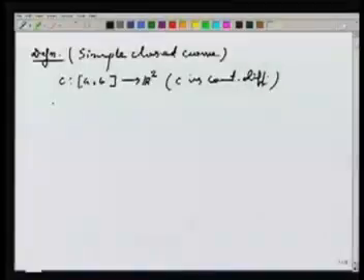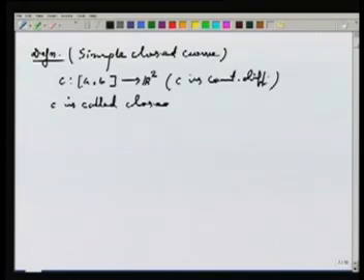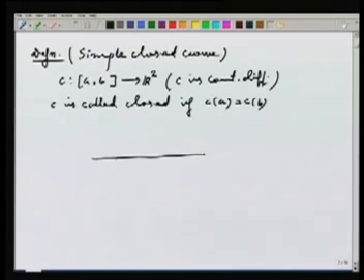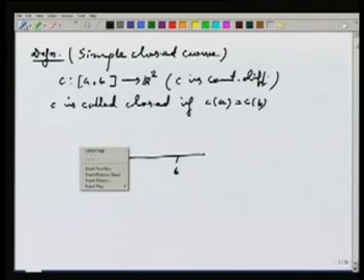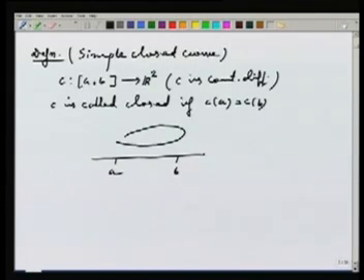Then C is called a closed curve if C(a) equals C(b). That is, if this is A and this is B, suppose C starts from here, this is C(a), then C(a) is the same as C(b), that is, it is closed.